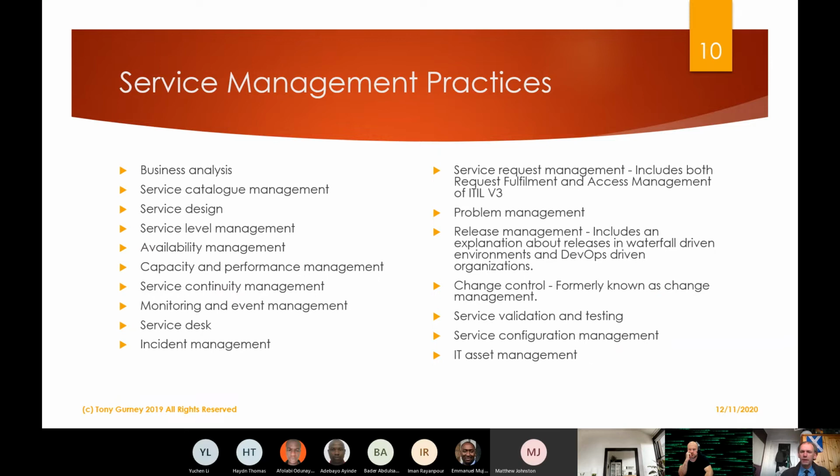Similarly with service management. The first one there is talking about business analysis. IT does not stand alone, it serves a business. So this change that you're making, does it actually help the business? Will it provide extra capacity? What about the service desk? Will they be able to support it? If there's a problem, what happens next? How do you test it?